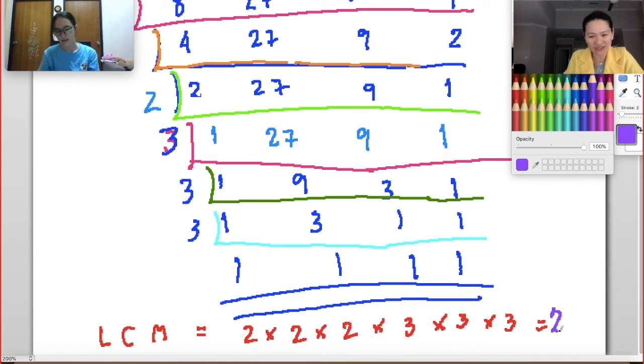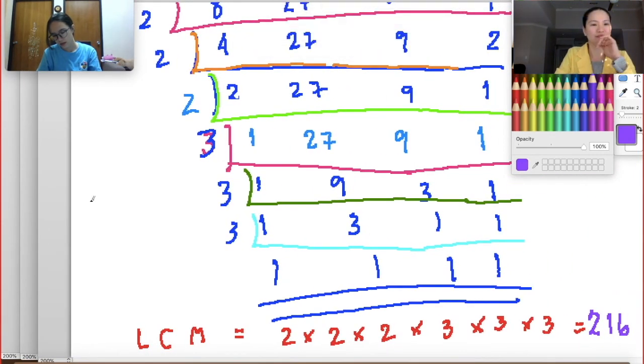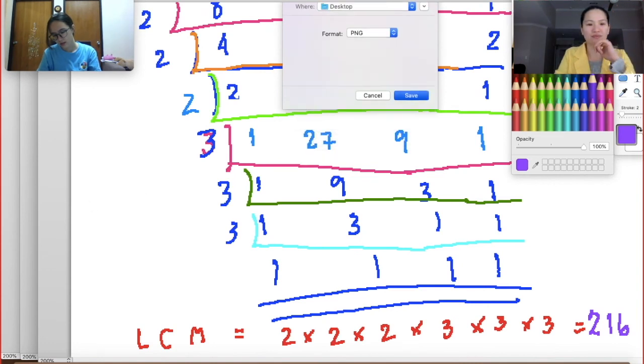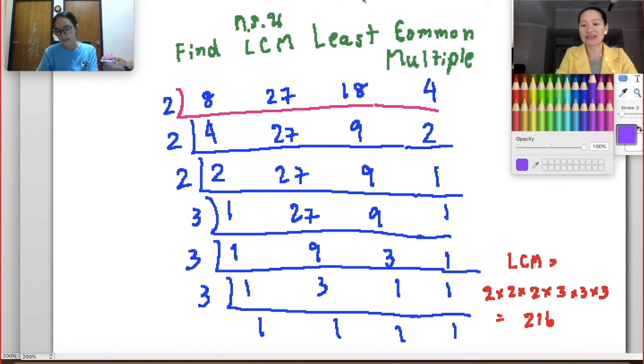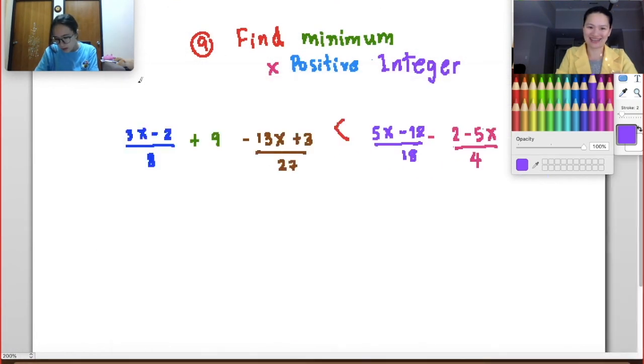Is that 216? Yeah, you got that one before, 216. We get LCM equal to 216 from that calculator.